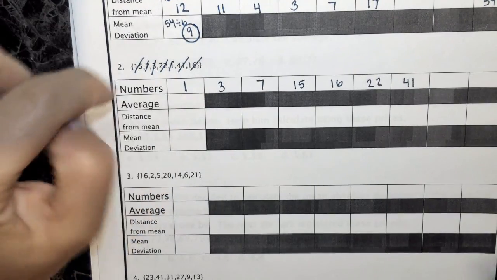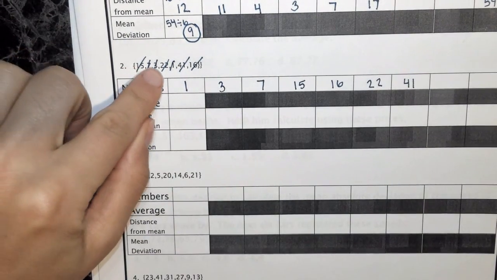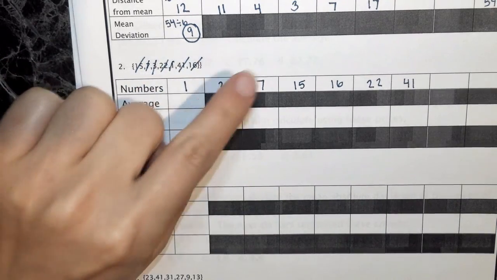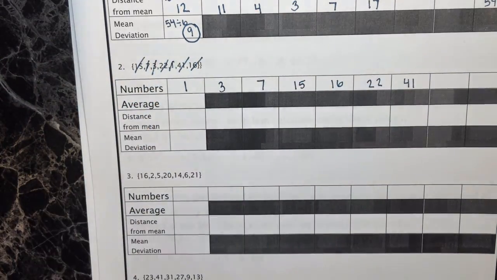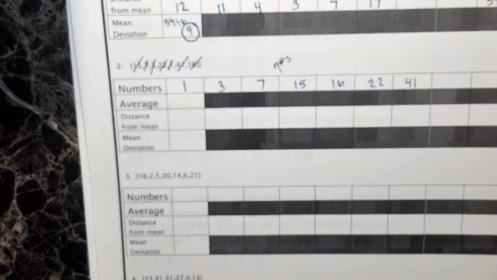Hopefully you have an order 1, 3, 7, 15, 16, 22, 41, and if you check 1, 2, 3, 4, 5, 6, 7, you have 7. So your total is 7 numbers. I like to put that somewhere because that's going to be what you divide by each time.